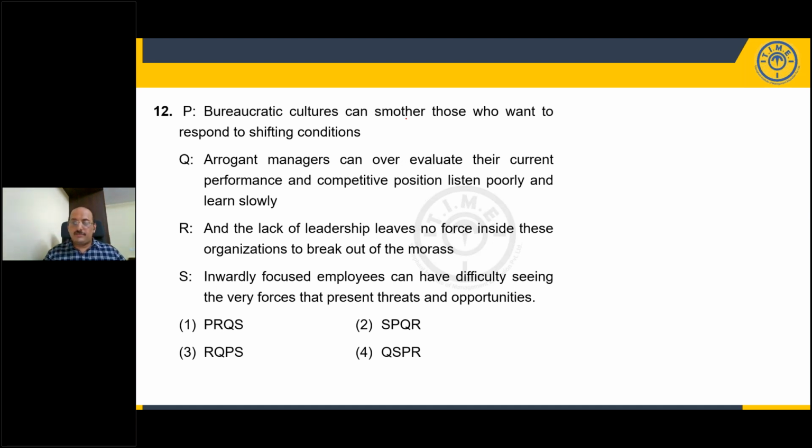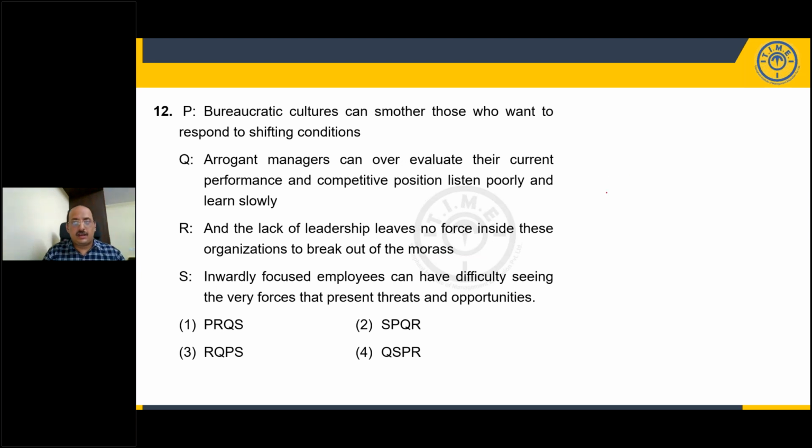So managers who are extremely arrogant may think they performed very well, they may not listen properly, they may learn very slowly, and the lack of leadership leaves no force inside these organizations to break out of the morass. Morass is like a kind of pit or a stagnated situation, where growth is getting restricted. Inwardly focused employees can have difficulty seeing the very forces that present threats and opportunities. Okay, so basically I'm talking about how bureaucratic cultures do not allow people to think.